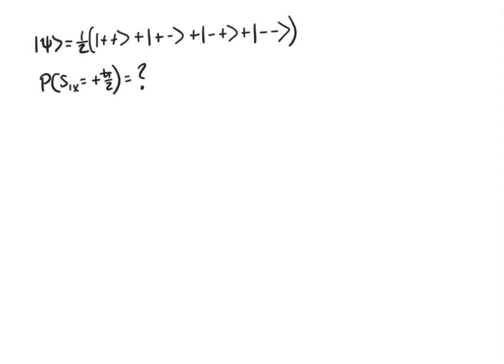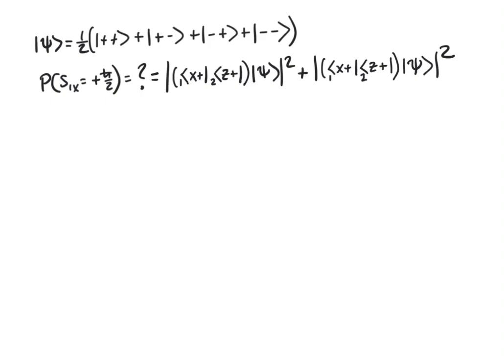So the possible outcomes that are consistent with a plus h bar over 2 Sx measurement of particle 1 are if particle 1 is in the x plus state and particle 2 is in the z plus state, and if particle 1 is in the x plus state and particle 2 is in the z minus state.